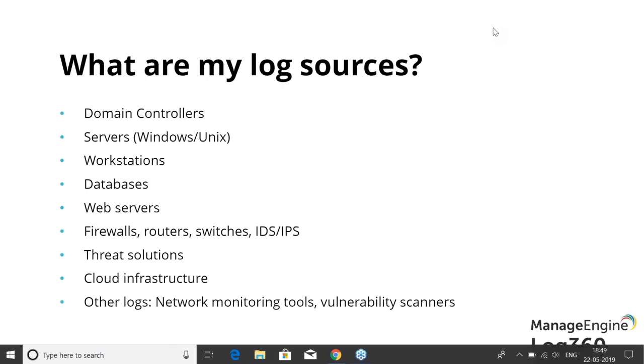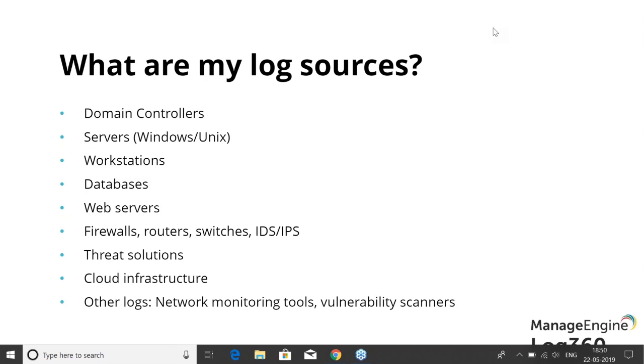You might not be able to afford licensing for too many log sources or too much data. But make sure that at the bare minimum, you are getting your logs from your most important assets. These are typically your domain controllers, your network devices like your firewalls, databases, your web servers.